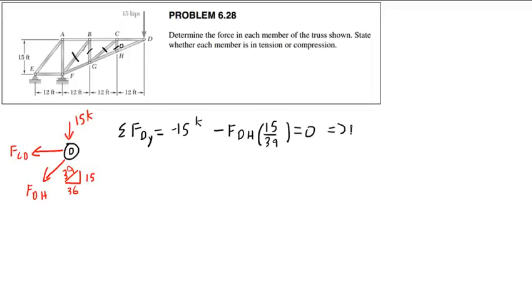And that will lead to FDH equals... Okay, well this becomes positive and then negative. So negative 15, oh wow, 15 times 15 over 39, or actually 39 over 15. So just negative 39 kips, compression.